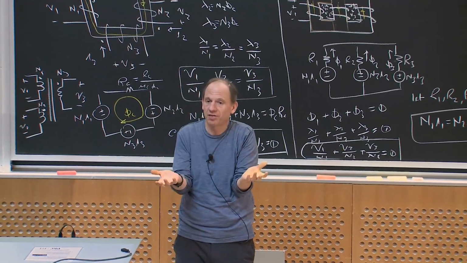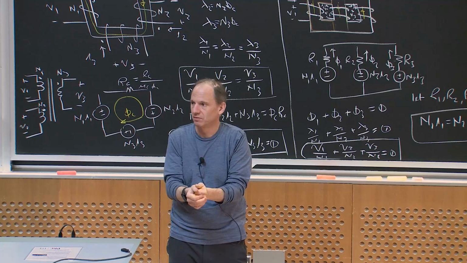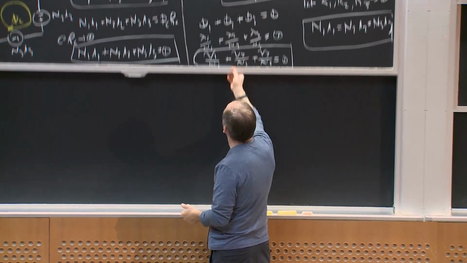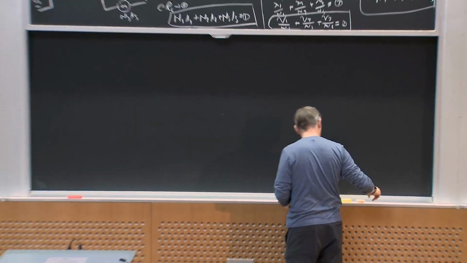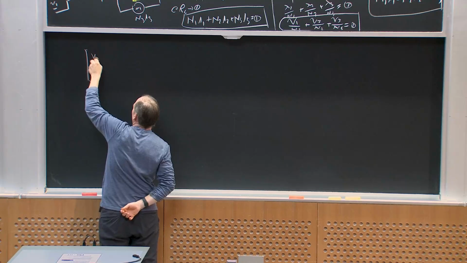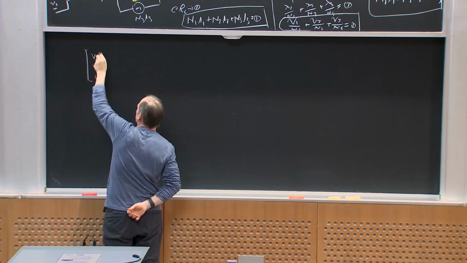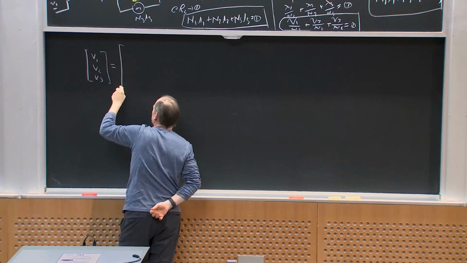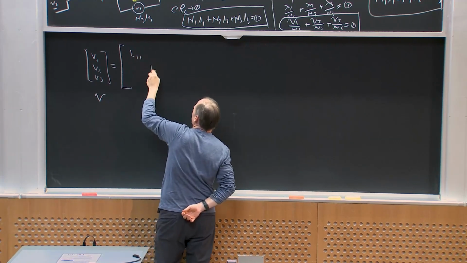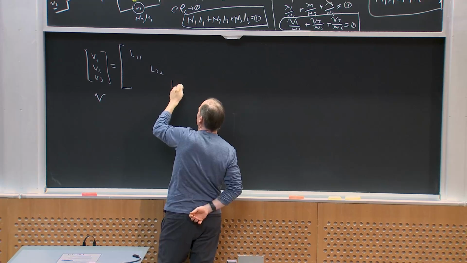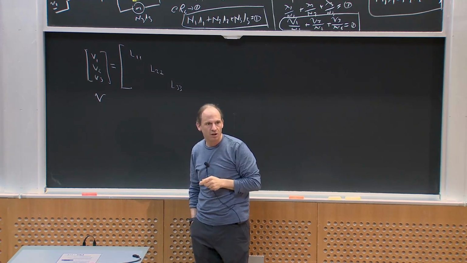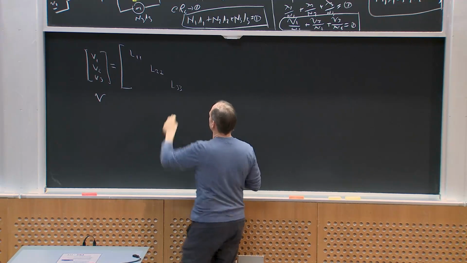I would get a 3x3 inductance matrix, right? So what do I get in this case? What I would get in the general case is V1, V2, V3 is equal to some inductance matrix, L11, L22, L33. Because it's reciprocal, I would have a symmetric matrix, okay?